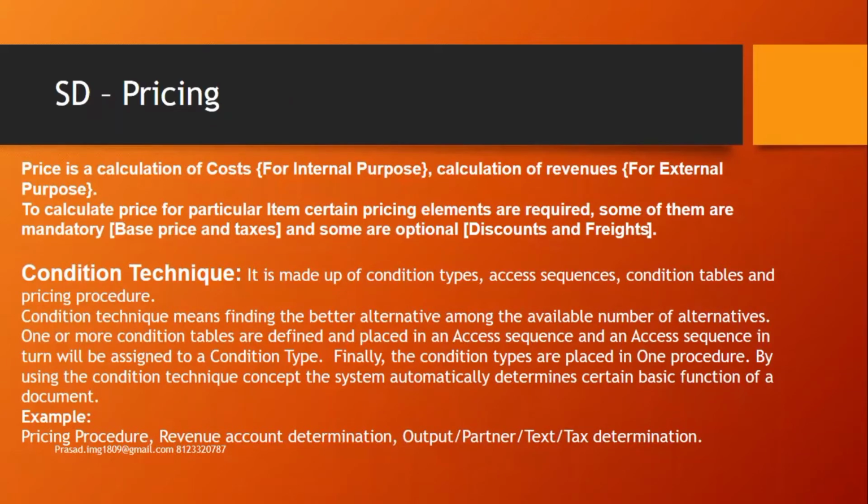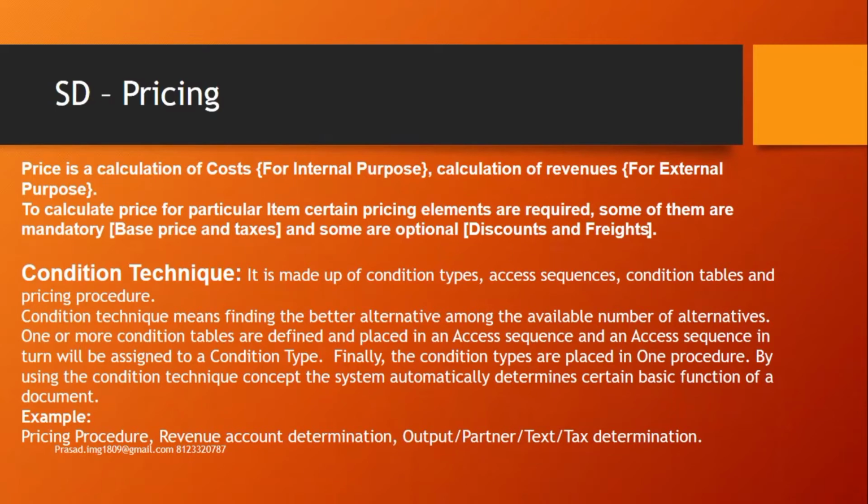To create a condition record, we require customer, material, sales organization, distribution channel, division, and also sales office, sales group, whatever key fields, the key combination, whichever you want to keep in the system, the same can be included in the condition tables. We will discuss that again.